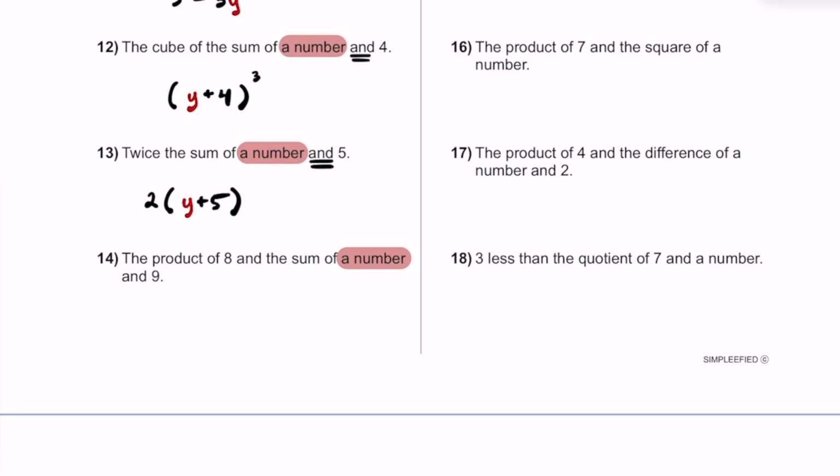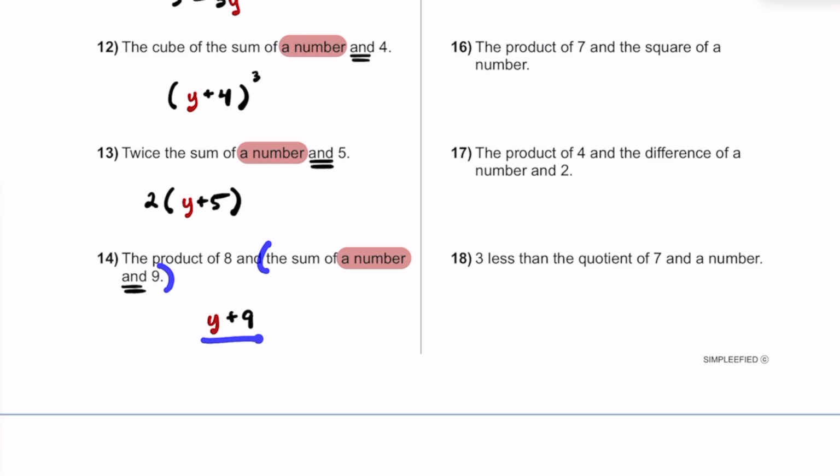Well, we have the sum. Let's just look at this part right now: the sum of a number and 9. Sum means we are going to be adding. And what are we adding? A number and 9. So here's the word and. Let's write here, we have the sum of a number, so that's going to be y plus 9. So right here we have the sum of a number and 9.